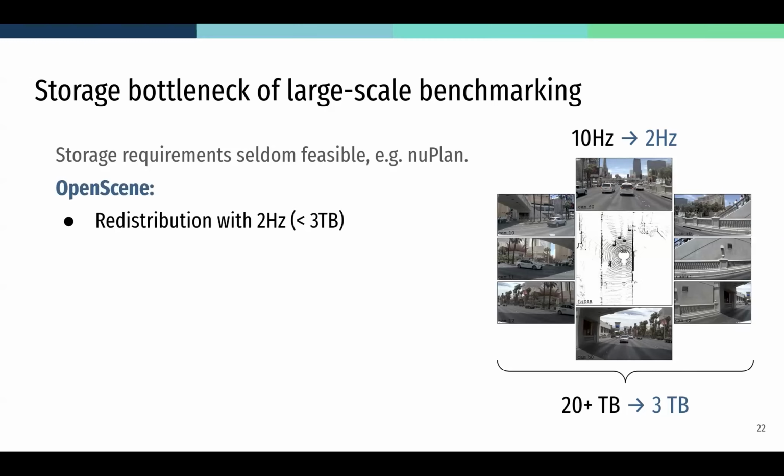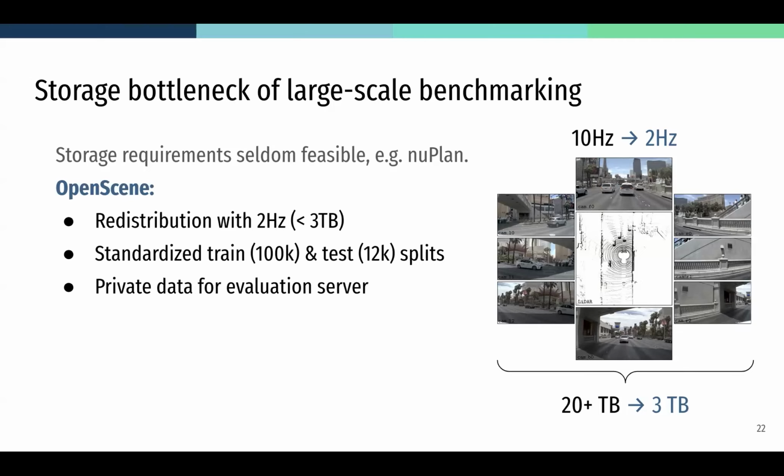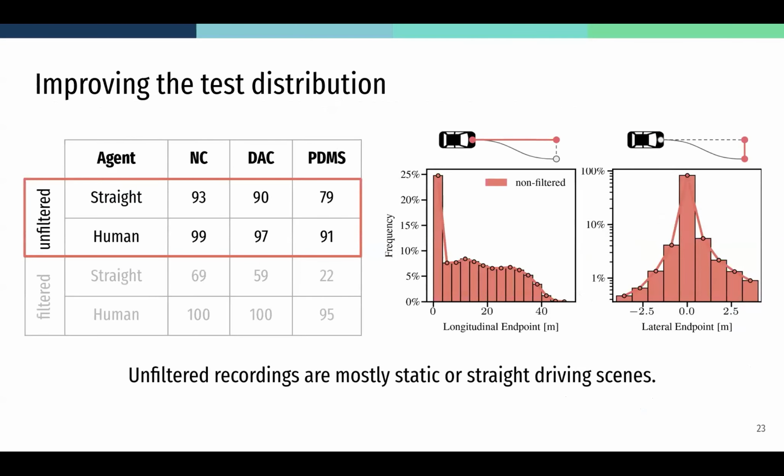It's called OpenScene. We further created standardized train and test splits by improving the test distribution to filter out very simple situations. Once all of this is done, there's a very convenient 300 gigabyte download for you to start working with.